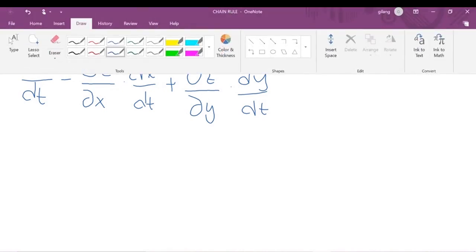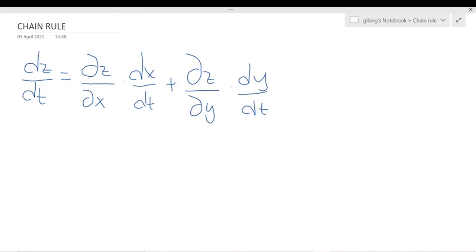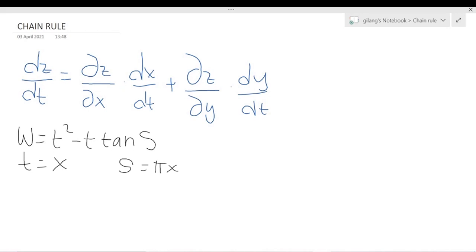For example, I have w equals t squared minus t tan s, and t equals x and s equals πx. So as we look at it, w equals t squared minus t tan s, and t is a function of x, and so is s.